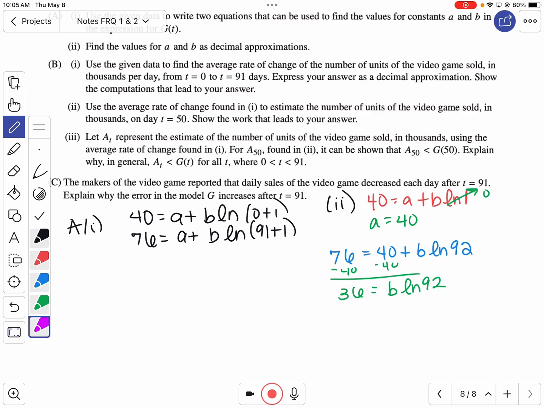And then we're going to divide by natural log of 92. So b is going to equal 36 divided by the natural log of 92. And we'd use our calculator. And again, how many decimal places are we taking? 3. So I get 7.961. So that's the first part, part A, 2 points that we could get.